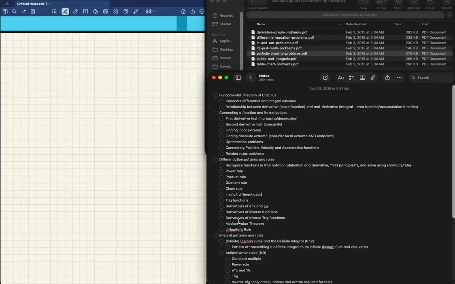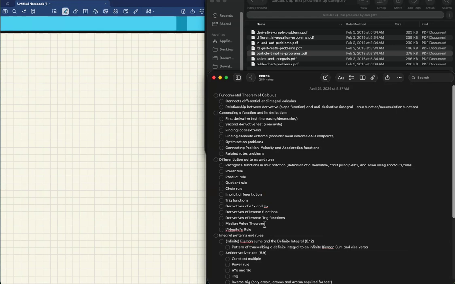How to differentiate that. Then derivatives of inverse functions, which allows you to find derivatives of inverse trig functions. So inverse trig functions are also really important to know, the derivatives of those.